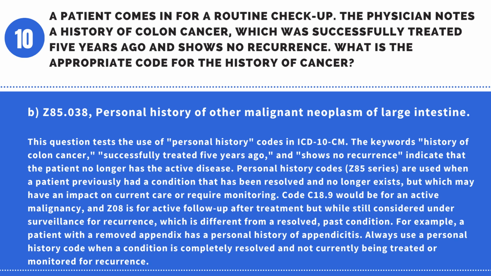Code C18.9 would be for an active malignancy, and Z08 is for active follow-up after treatment, while still considered under surveillance for recurrence, which is different from a resolved past condition. For example, a patient with a removed appendix has a personal history of appendicitis. Always use a personal history code when a condition is completely resolved and not currently being treated or monitored for recurrence.